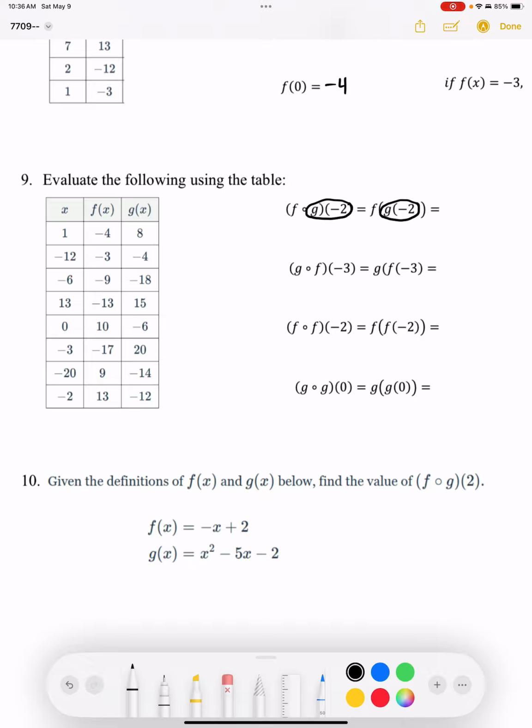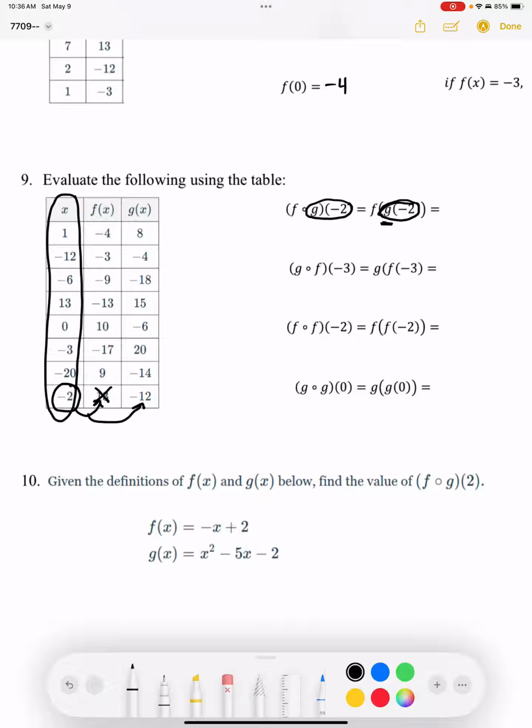So you're still going to start on the x, okay, for all of them. All of them. None of them are going backwards. So we're going to start at -2. That would be at the bottom. Now, is my answer 13 or is it -12? Because it says g, you don't want the column of f right now. So it is -12.